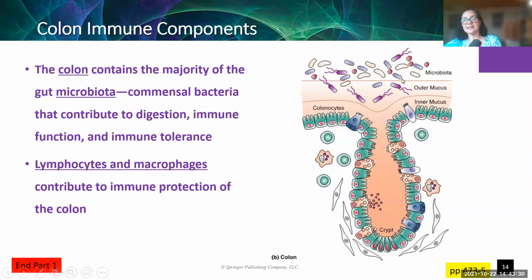We're not trying to kill these microbes all the time, in other words. But we do have lymphocytes, part of the adaptive immunity, and macrophages, part of the innate immunity, cruising around just in case, because we know there's a lot of microbes in here. And it's just to make sure that the microbes continue to behave.